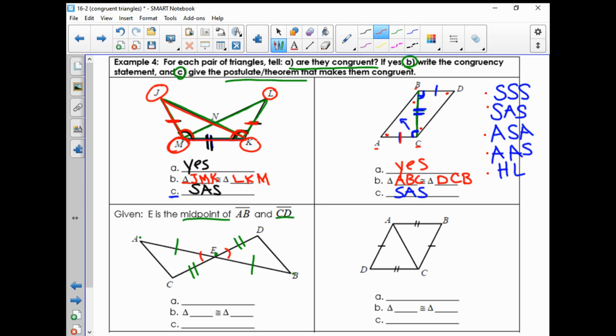So again, I'm sorry guys, these are all accidentally side angle side theorems. But yes, these are congruent because I've got a side, an angle, and a side right there.